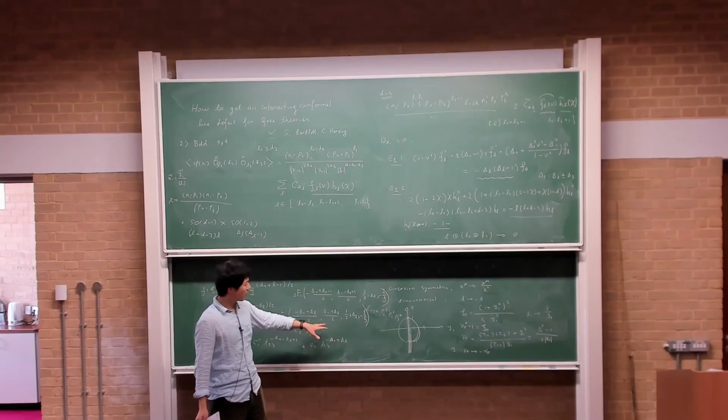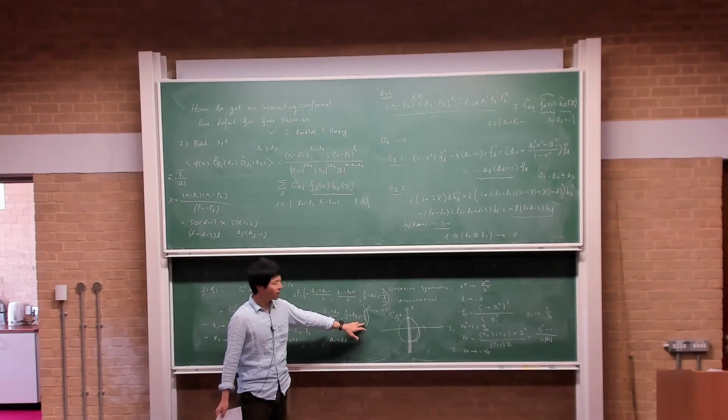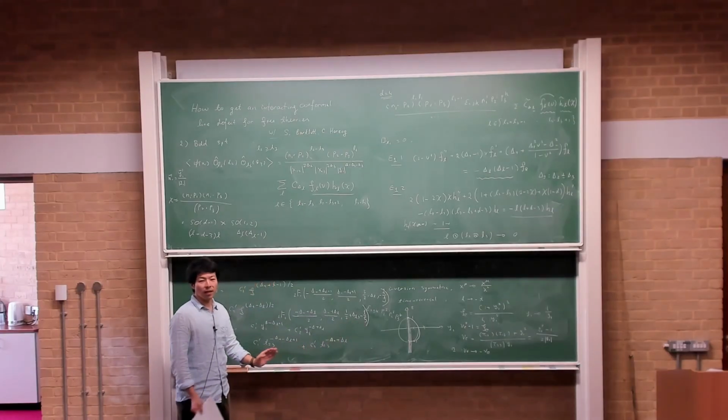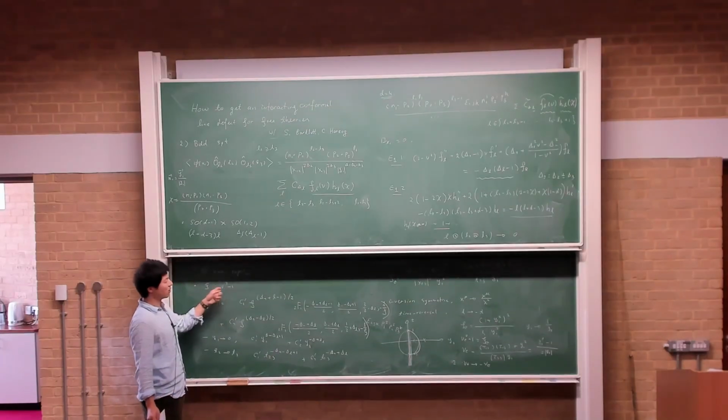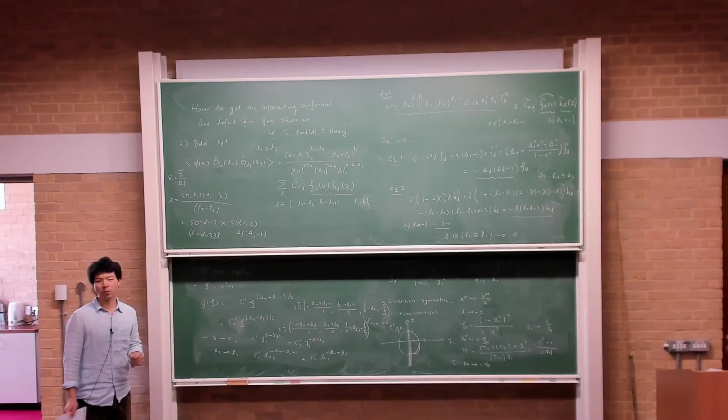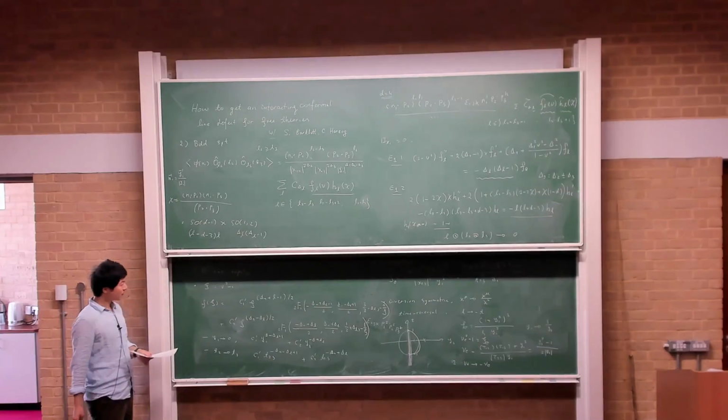It will actually become a polynomial in 1 over zeta or in zeta. And again, we will not see any singularity around nu equals 0 or zeta equals minus 1.